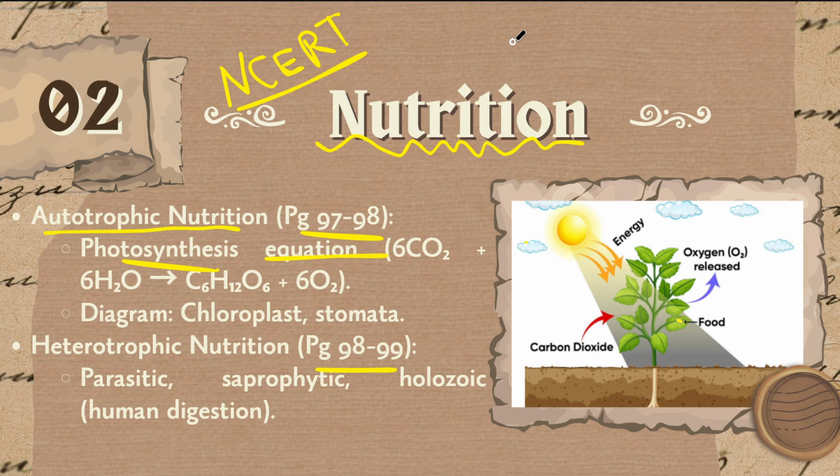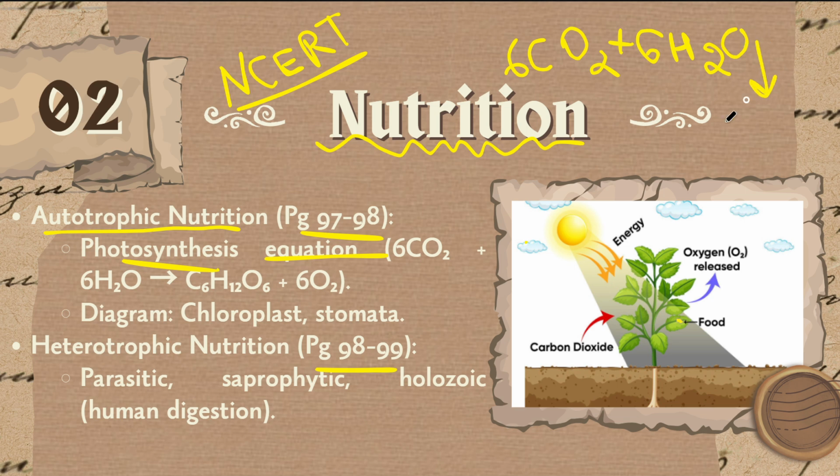First, they're giving us 6 carbon dioxide. So they have taken 6 carbon dioxides and they're adding them with 6 H2O, which is water. They are adding 6 water molecules into them, right?